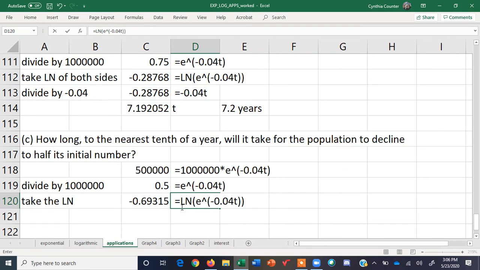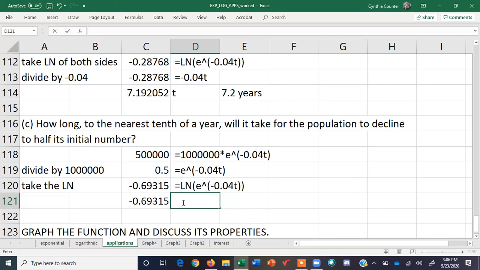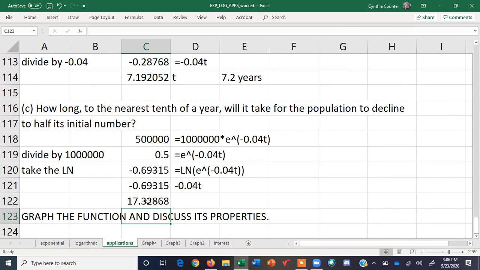But since the natural log and e cancel out, we just have the negative 0.04t. So now all we have to do is divide by negative 0.04, and that would be 17.3 years.